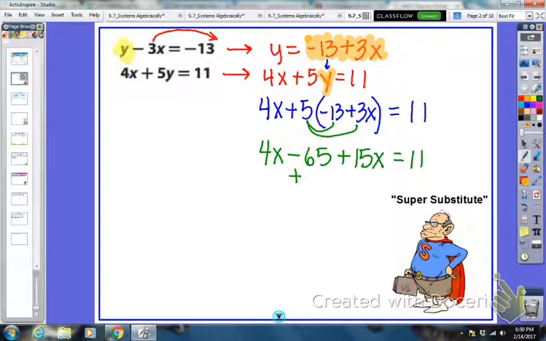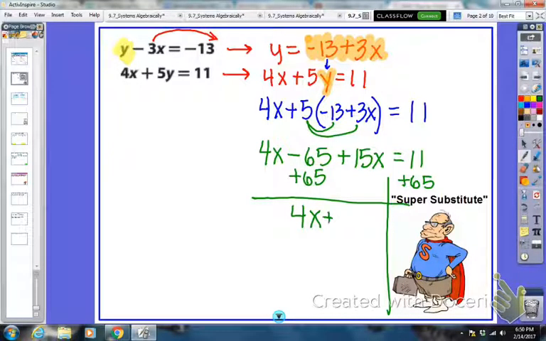You can add 65 to both sides, and you get 4x plus 15x is equal to 76. Combine the like terms on the left-hand side, you get 19x equals 76. Divide both sides by 19, and x is equal to 4.